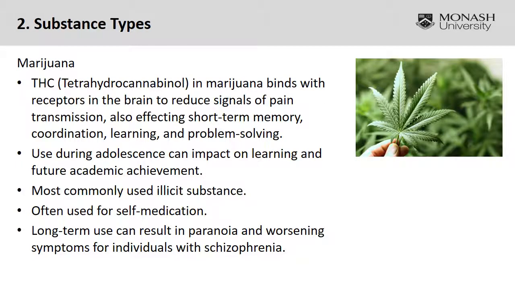So marijuana is also a commonly used drug in most Western countries, and it works by the THC, tetrahydrocannabinol, binding with receptors to reduce signals of pain. It also affects short-term memory, coordination, learning, and problem solving.